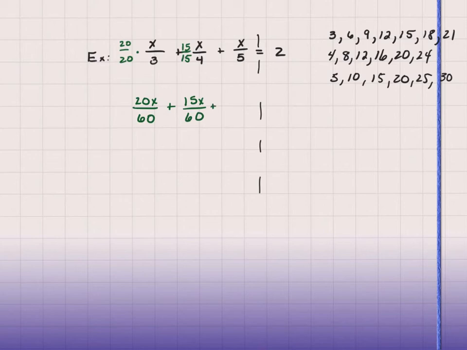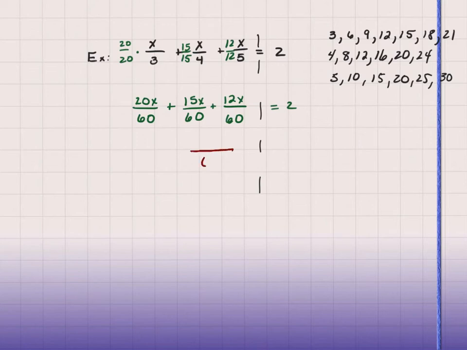And lastly, I'm going to take x over 5 times 12 over 12, because that gives me 12x over 60, equals 2.